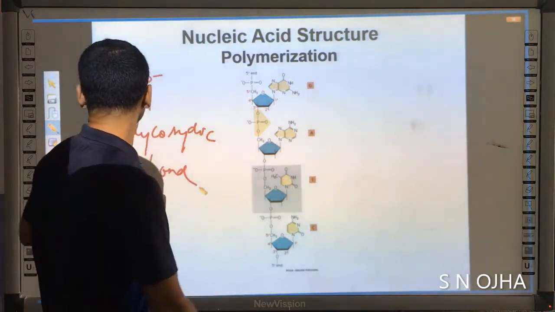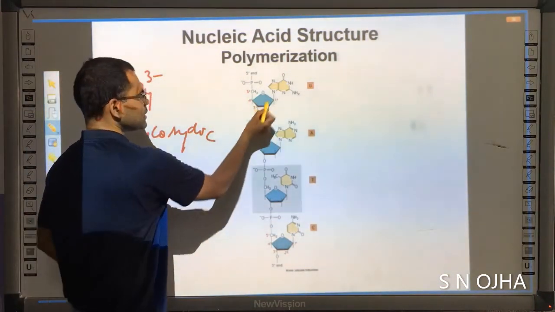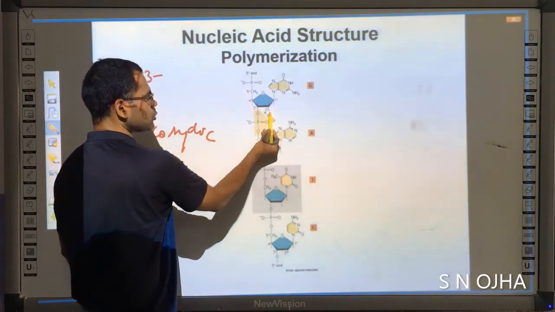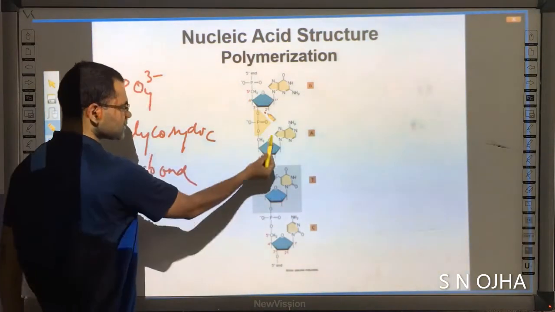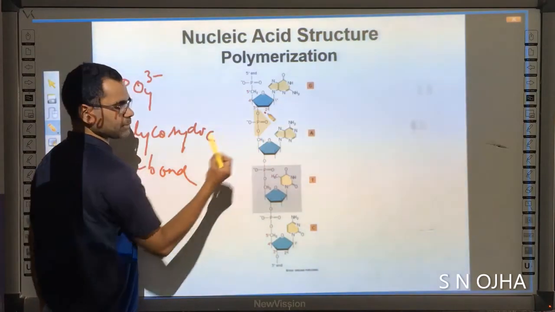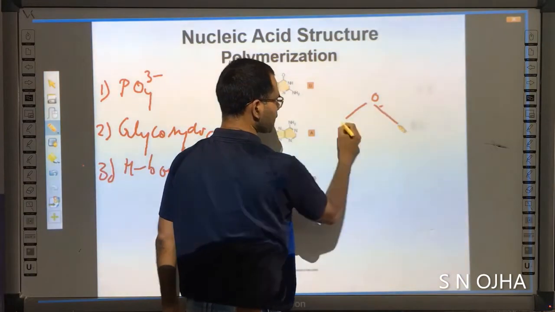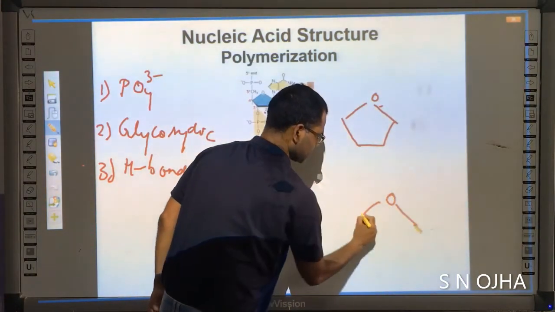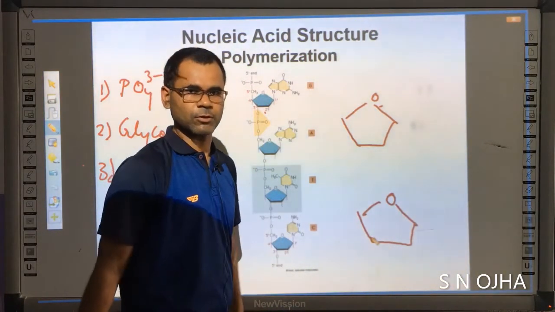First one, as I told you, is the phosphodiester bond. So if you see here, this is a sugar. On this sugar, here it is 1 prime, 2 prime, 3 prime, 4 prime, 5 prime. This is another sugar molecule, 1 prime, 2 prime, 3 prime, 4 prime and 5 prime. So here there are two sugar molecules. Let me draw it here. One is like this, another one is like this. I am discussing the first type of bond, the phosphodiester bond.